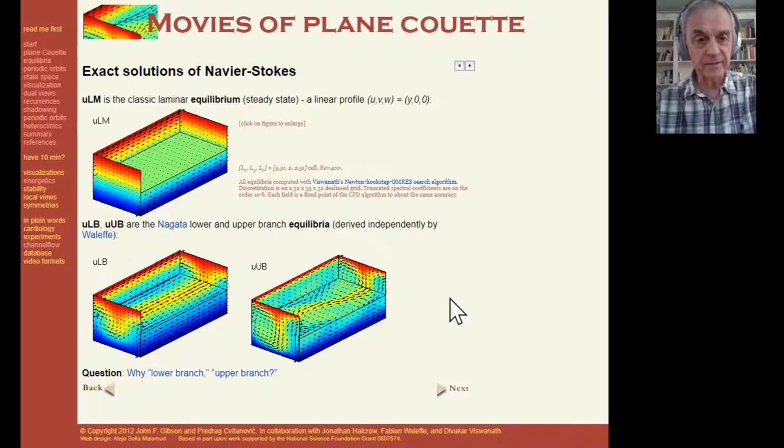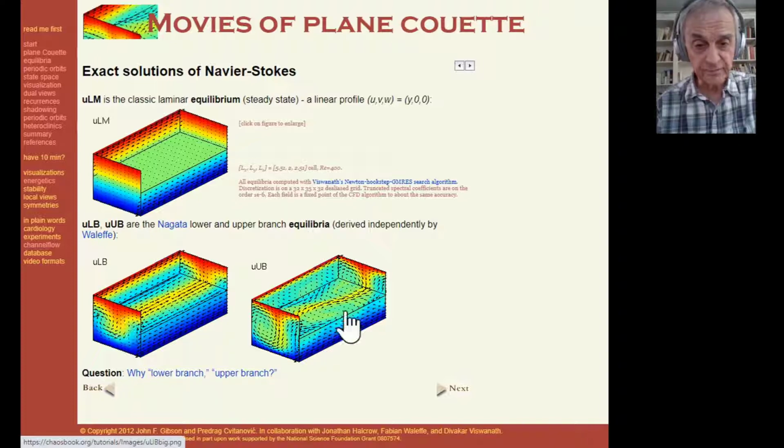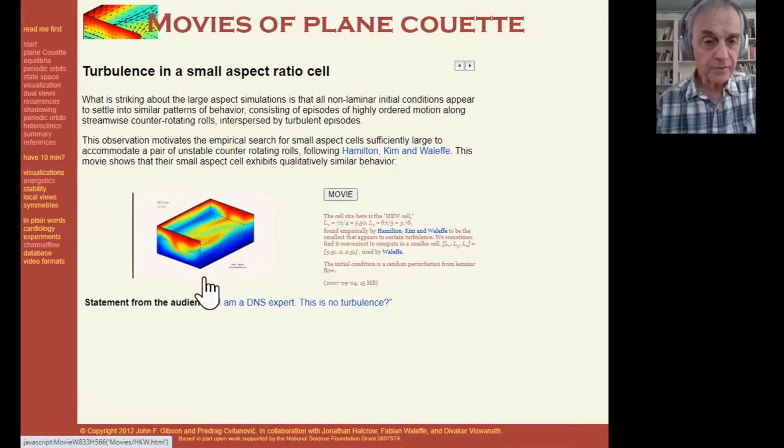Nagata discovered other solutions. He discovered solutions that are pretty stunning, because when you look at these two solutions and you go back to where we started, in this box, you see both of them.